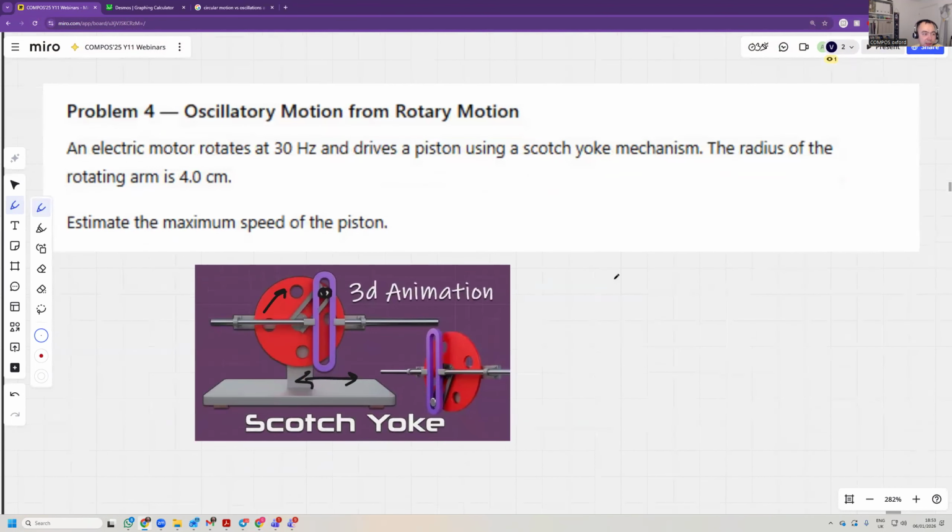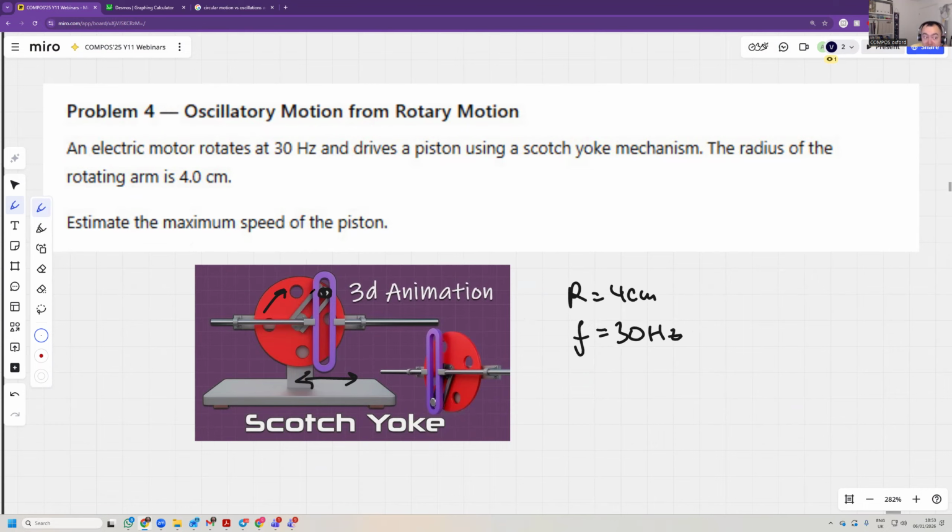The radius of the rotating arm is 4 centimeters. So the radius is 4 centimeters and the frequency is 30 Hertz. Estimate the maximum speed of the piston.